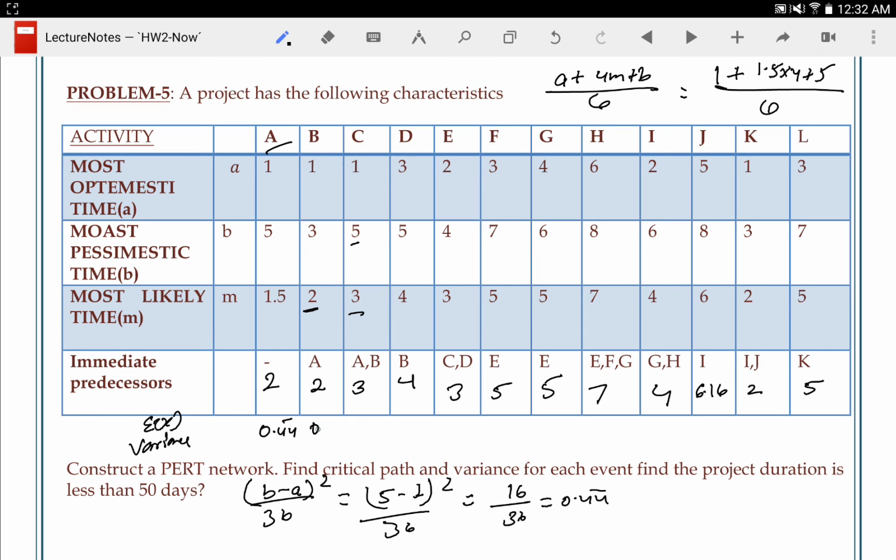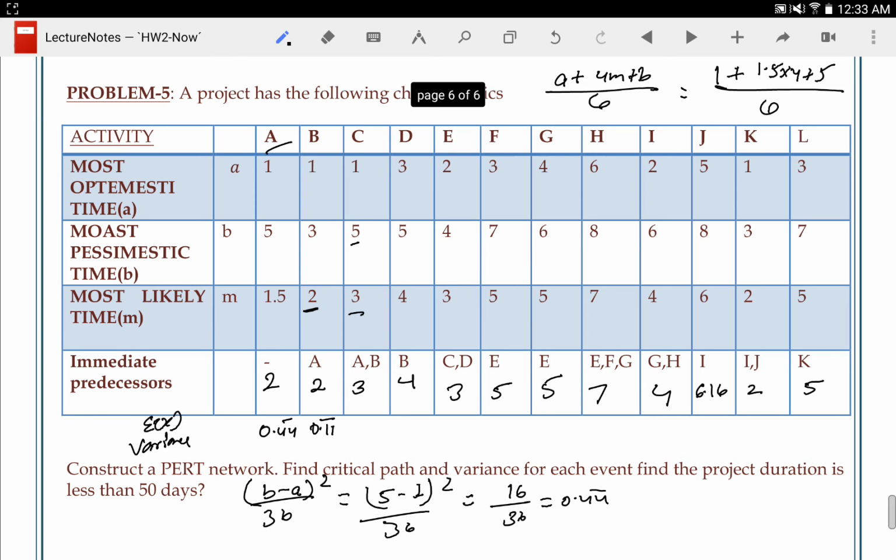Second one is 0.11, because 3 minus 1 is 2. 2 squared is 4. 4 divided by 36 is 0.11.